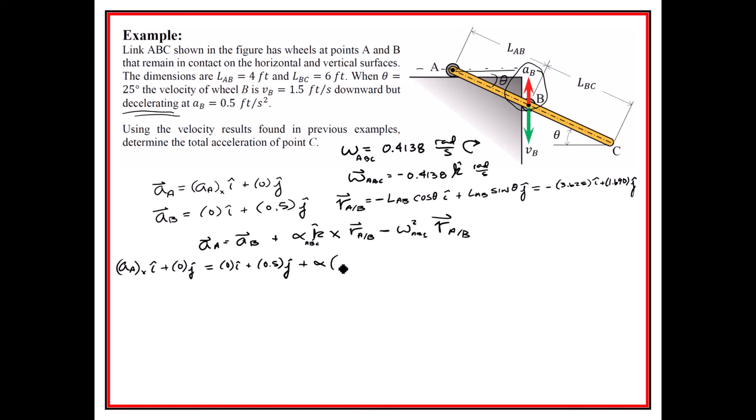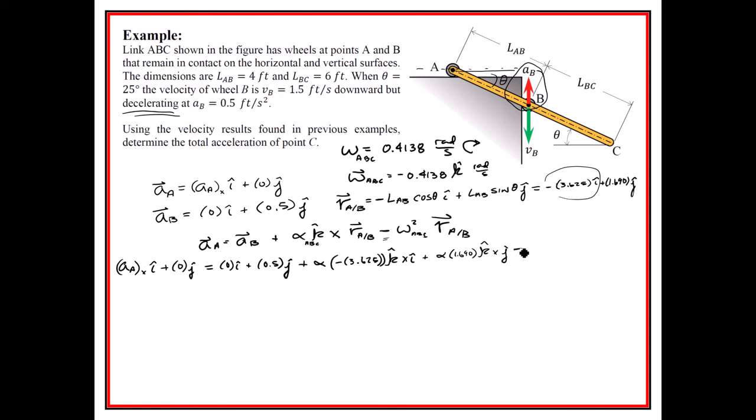It's going to be times, I put parentheses, 6.25 K crossed with I, because I applied it to this first term. And then plus alpha times 1.690, and that's K crossed with J. And then I'm going to have minus right here.